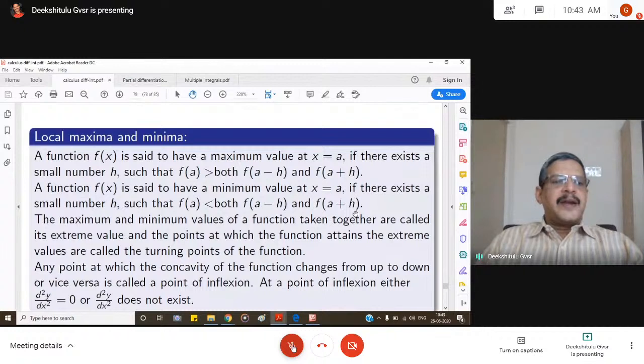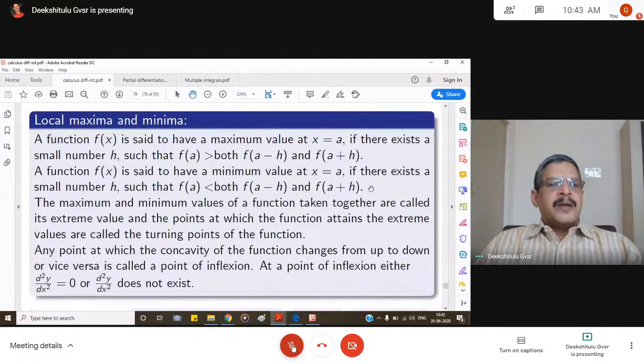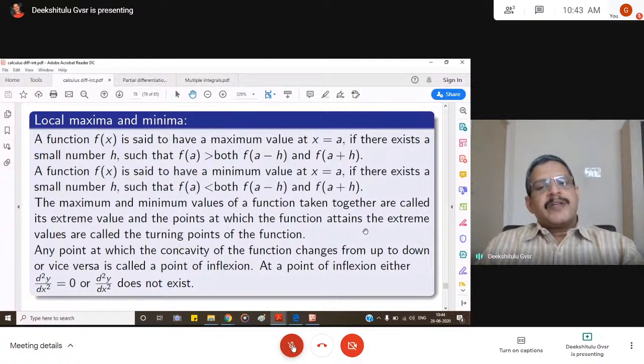Now, the next idea is local maxima and minima. A function f of x is said to have a maximum value at x is equal to a. See, this question, the definition of maxima and minima, sometimes it was asked in GATE and JRF also, only as a multiple choice question in paper 1. So be very particular about the definition also.